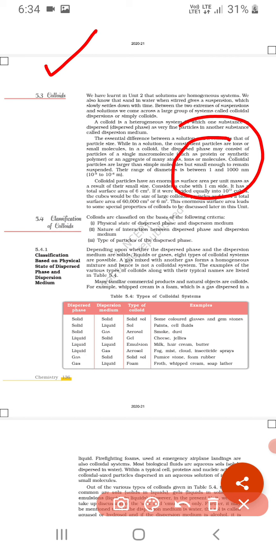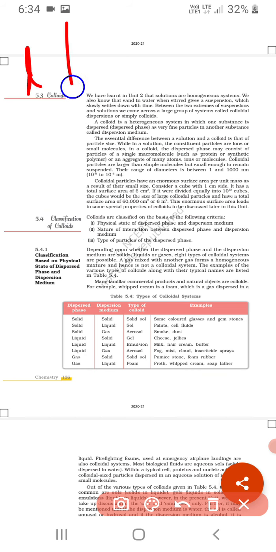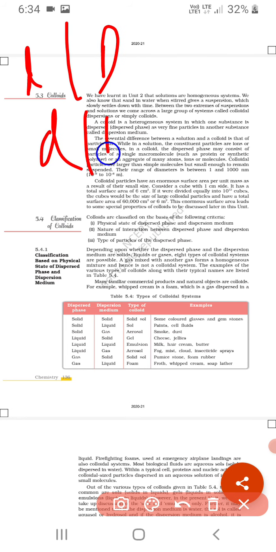Now we are going to discuss the classification of colloids. Students, here colloidal solutions are classified into three major categories. Number one, physical state of dispersed phase and dispersion medium. Second, the interaction between dispersed phase and dispersion medium. And third, the type of dispersed phase. So first of all, we are going to discuss what is dispersed phase and what is dispersion medium.